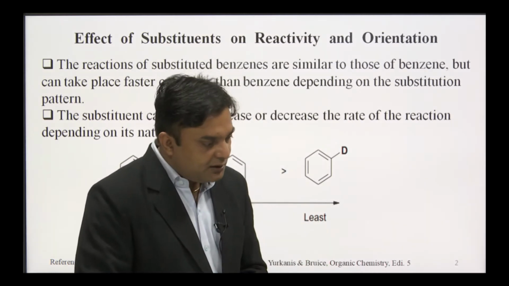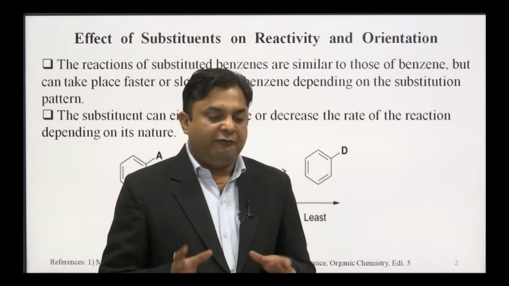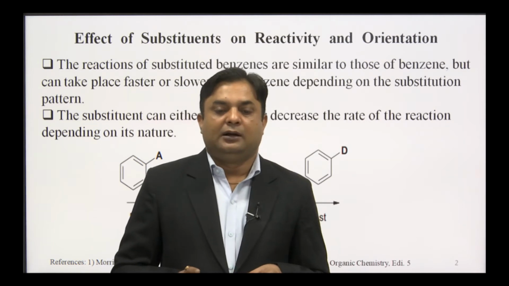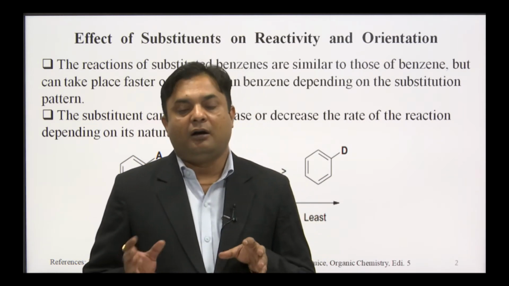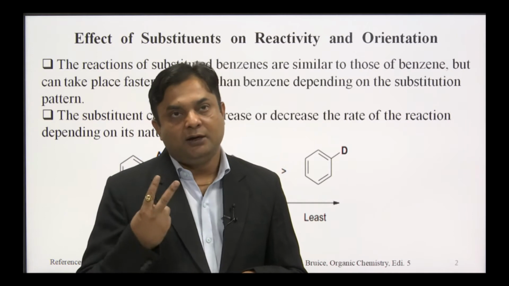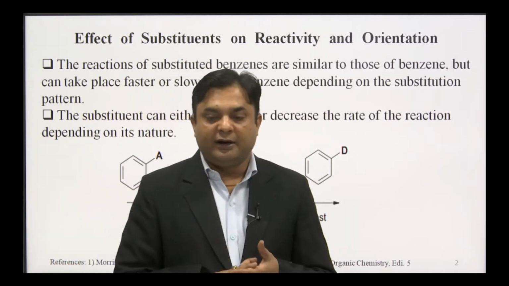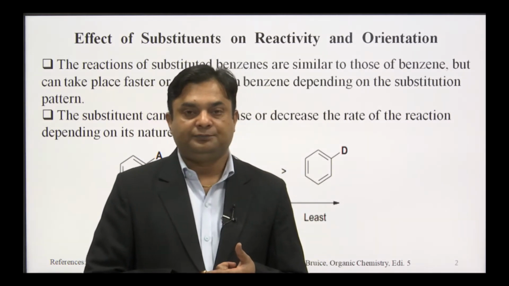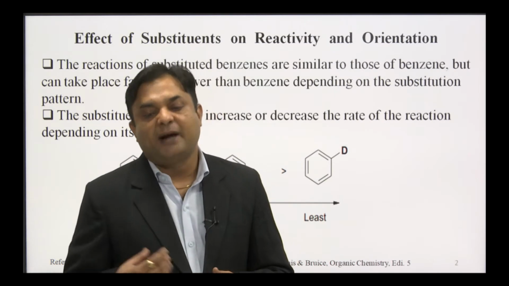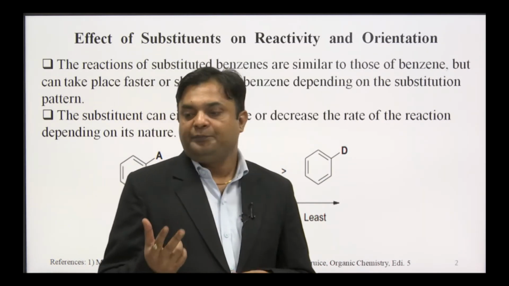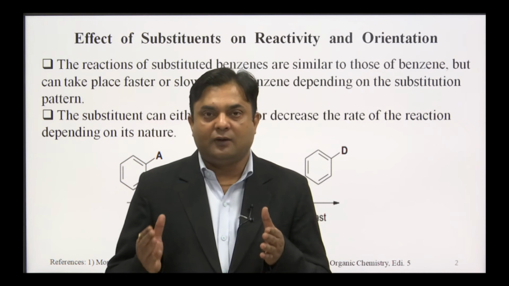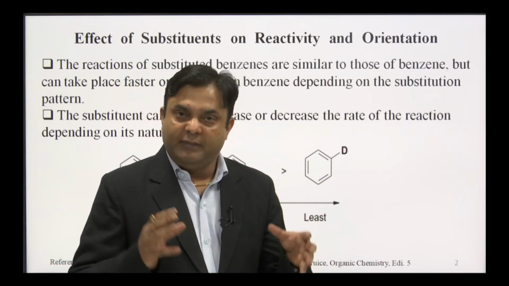So, we can classify the substituents already present on the benzene ring into two groups. Number 1, activating groups, which are also called ortho para directing. Number 2, deactivating groups, which are also called meta directing.